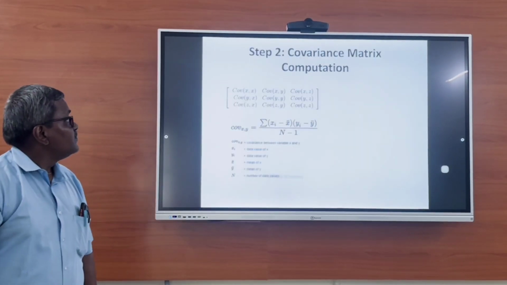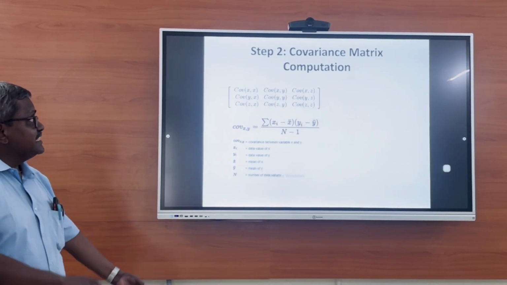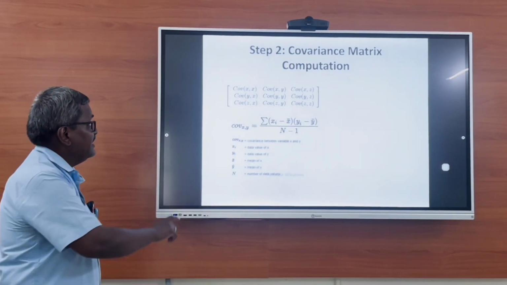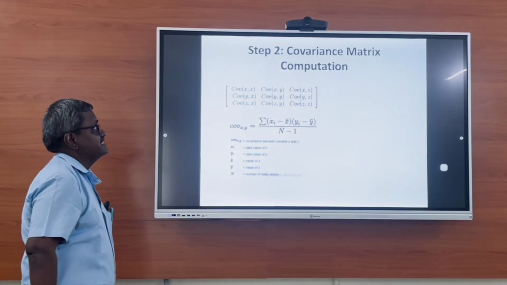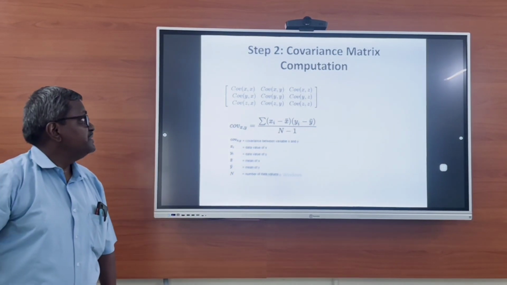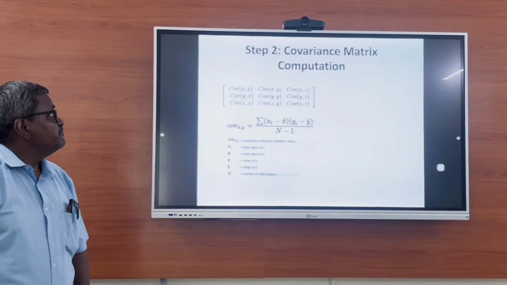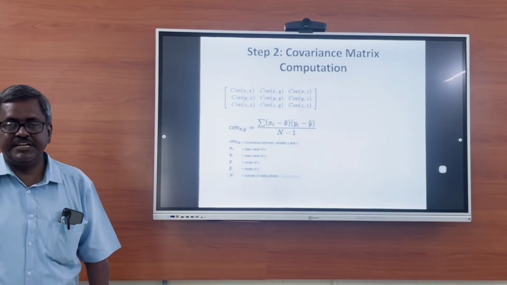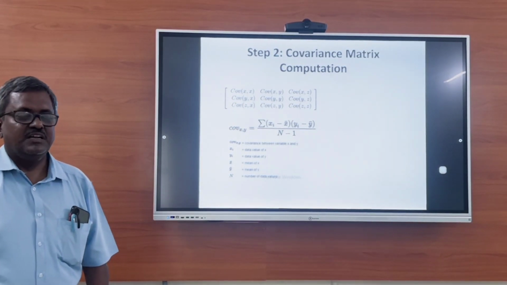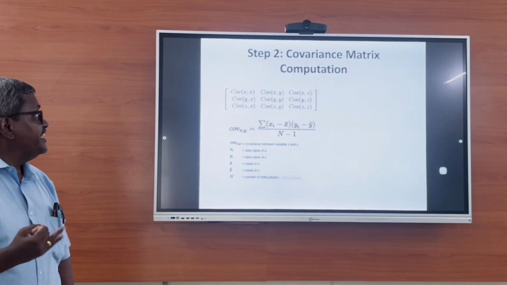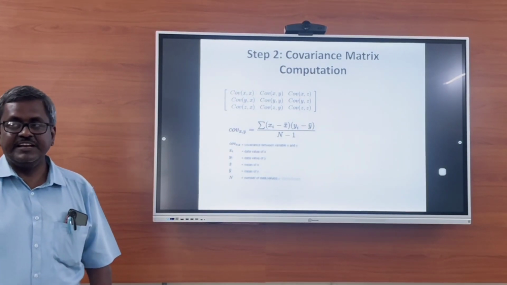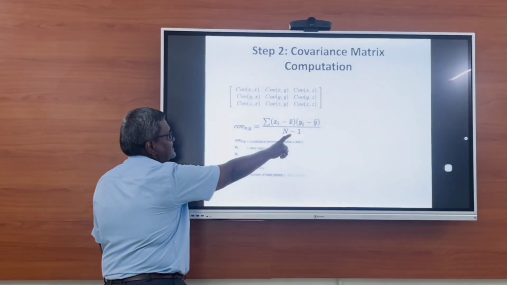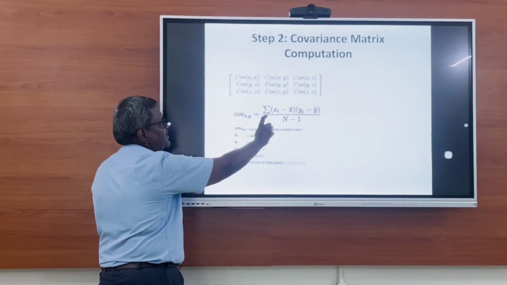So this is the next step, the covariance matrix computation. Here we have a 3 cross 3 matrix. That means we are having some 3 attributes, for example, attributes X, Y, and Z. Covariance has this formula.